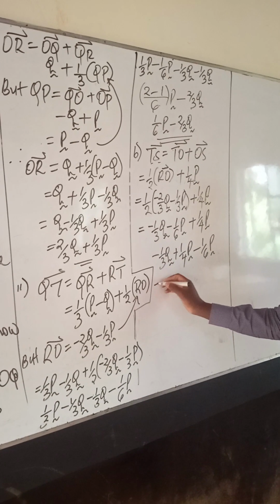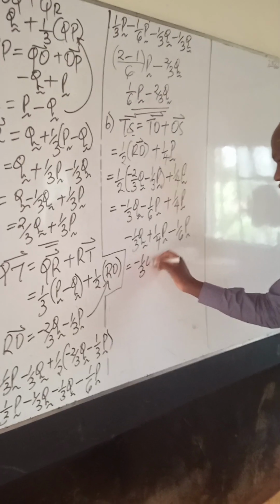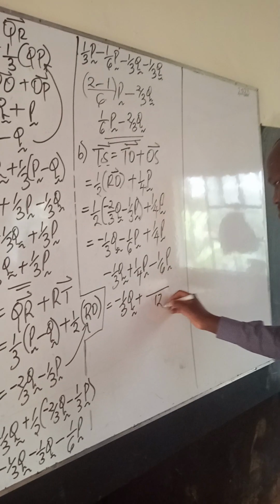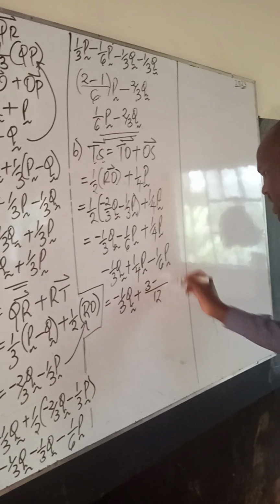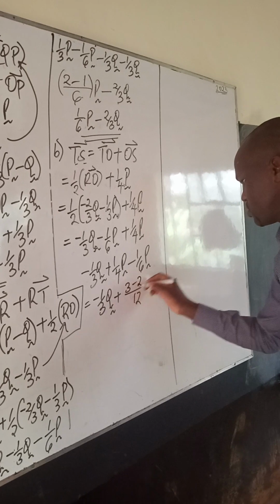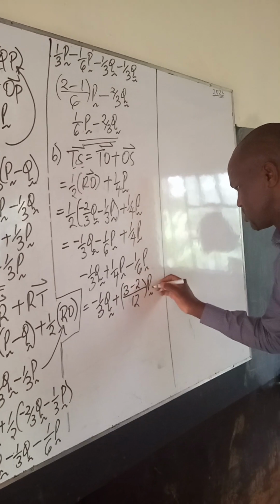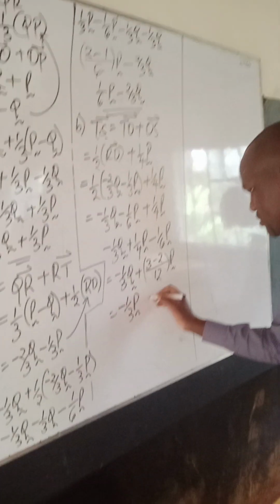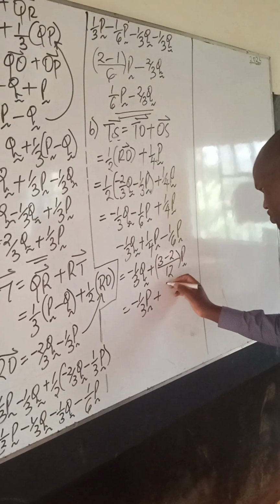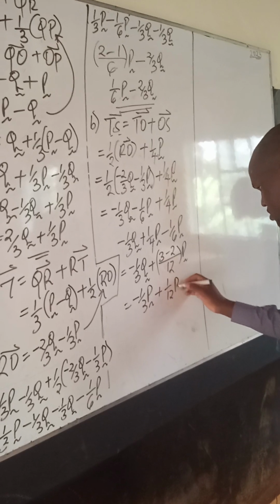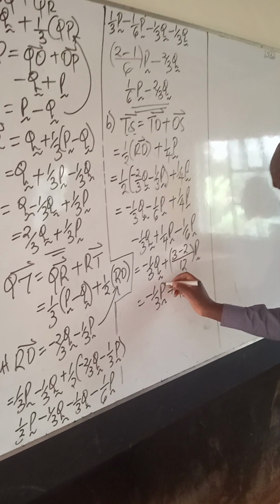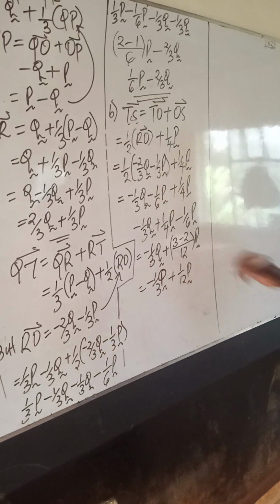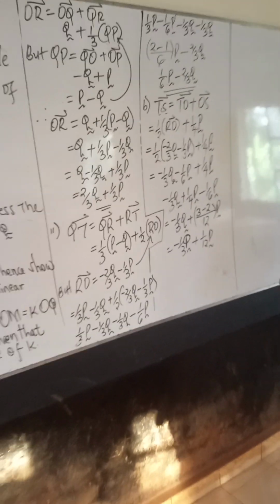The LCM is 12. 4 goes into 12, 3 times; 6 goes into 12, 2 times. So 3 minus 2 is 1 over 12 of P. Sorry, this is Q, and this is P. So that is TS.